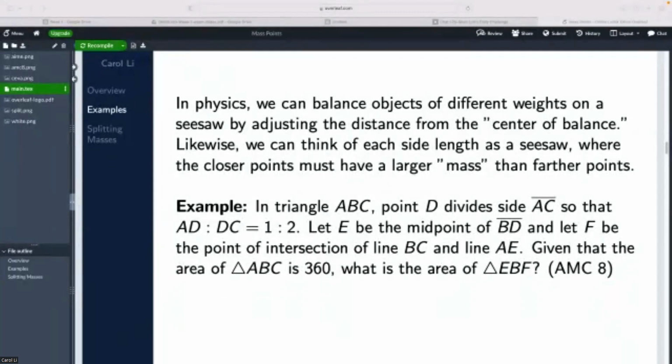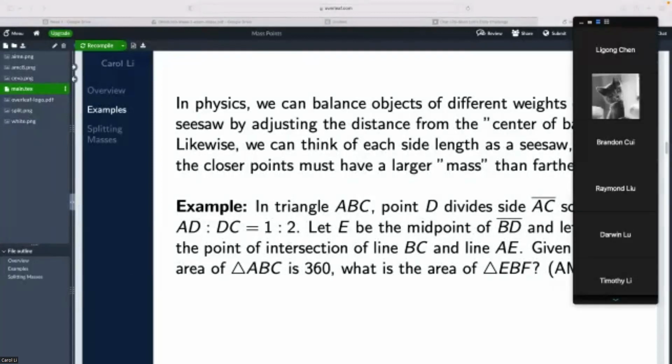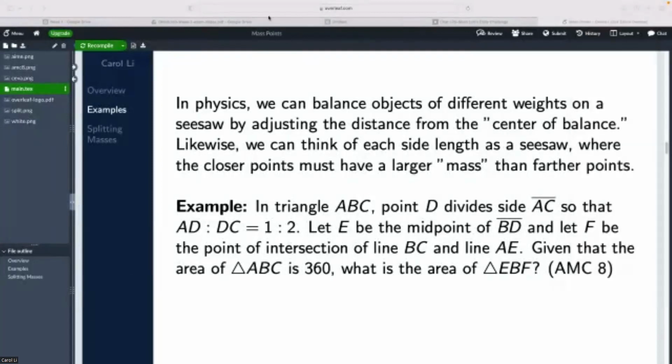Okay, so let's see if I can get annotate working, because I'm not sure if I can. I forgot how to annotate this. Do you guys remember how to annotate? Because, okay, actually, sorry, we're going to try something different.